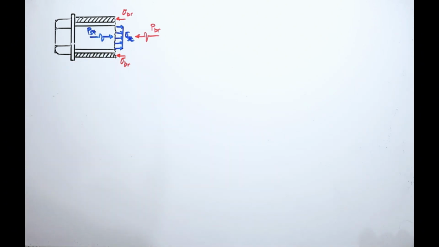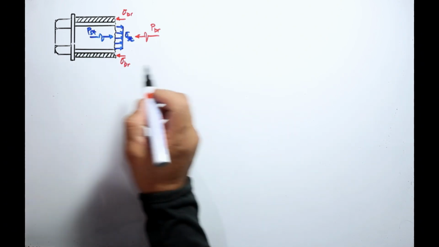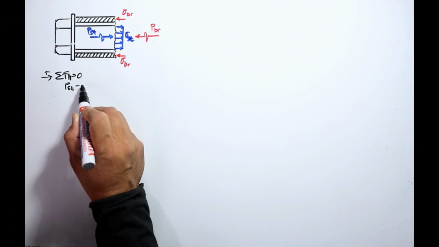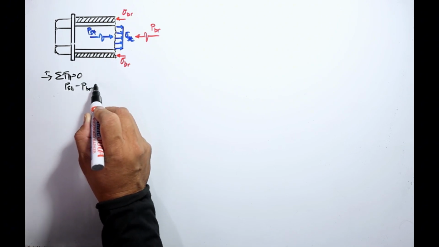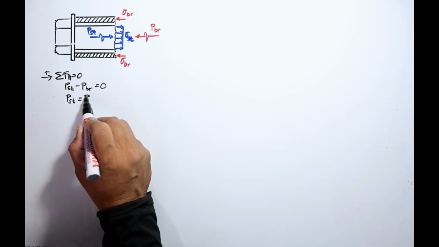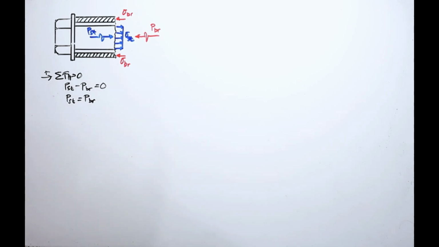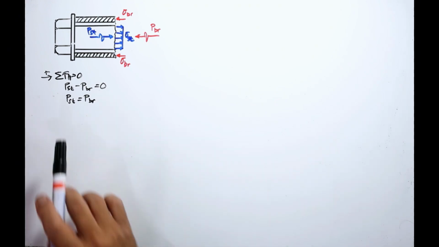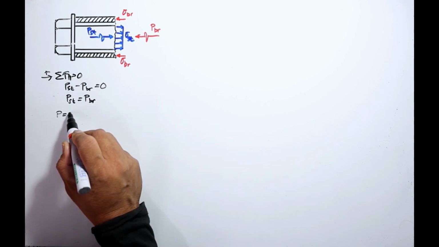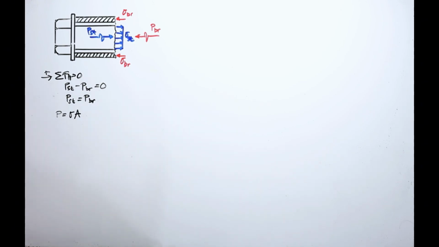By summation of forces horizontal, we can obviously say that P sub ST minus P sub BR equals 0, or P sub ST equals P sub BR. Since the problem is asking for the stresses, let's express this in terms of stress, because we know that P is equal to the stress times the cross-sectional area.